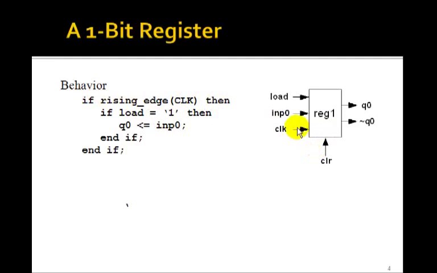If the rising edge of the clock, then if load is 1, we want Q0 to get input 0. And if load isn't 1, then this if statement isn't executed and nothing happens. That is, Q0 will just stay the same. So here is a way to describe the behavior of a 1-bit register.